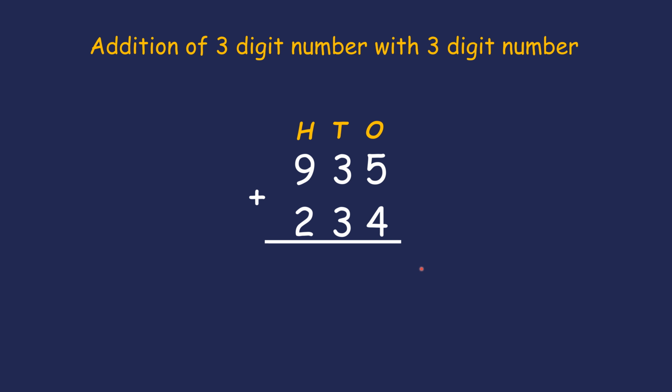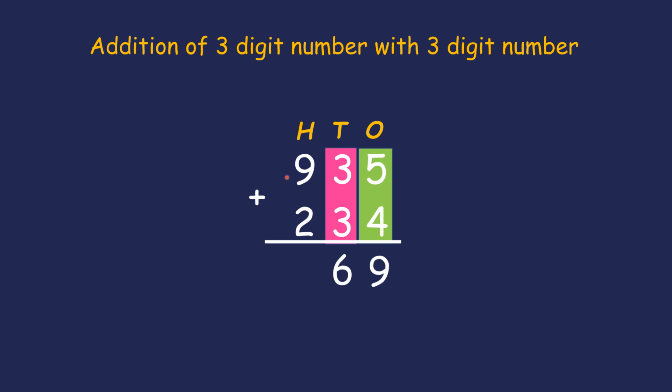Let's take another example. We have here 935 plus 234. Let's start on the ones place. Let's add 5 and 4. That is 9. Then let's add the tens place. Here, 3 plus 3 is 6.